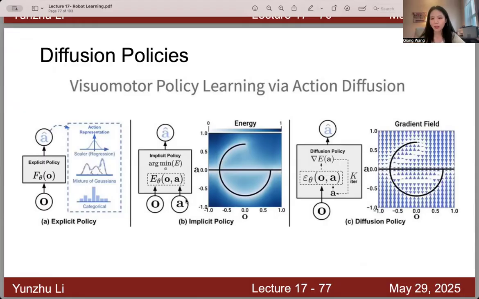And the right one is the diffusion policy. We try to find the lowest gradient field in the map, and iterate the action and the step to get the final action.